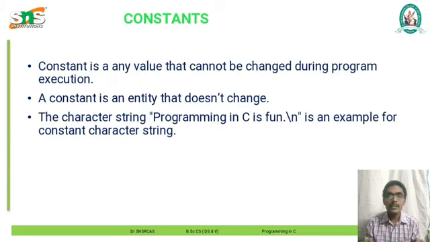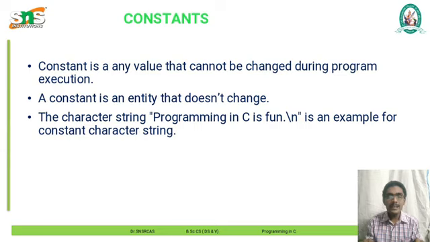Now let's have a look at what a constant is and its basics. A constant is any value that cannot be changed during the program execution. In C, any number, single character, or character string is known as a constant.